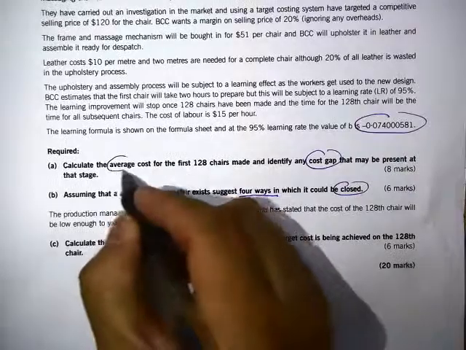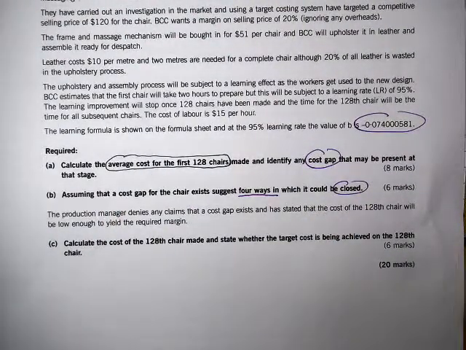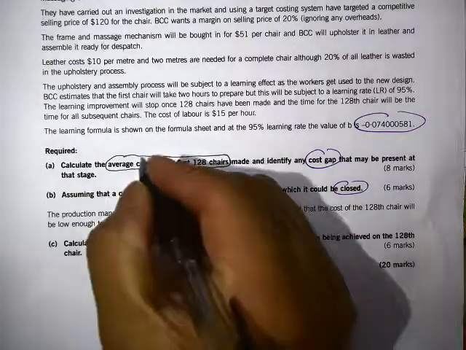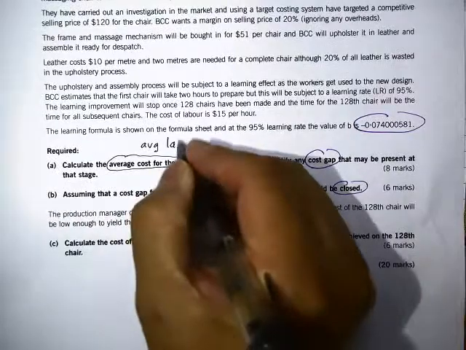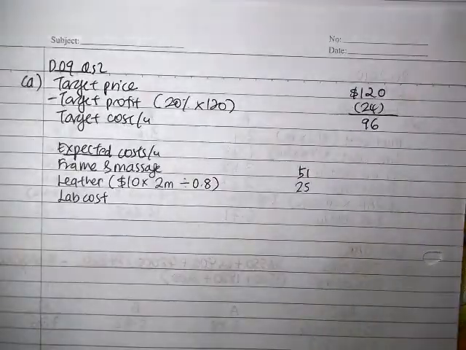They're asking for the average cost for 128. So if it's the average cost, you're taking the average labor hour. So you must see the difference, right? The average labor hour will be very simple. You just need the formula.